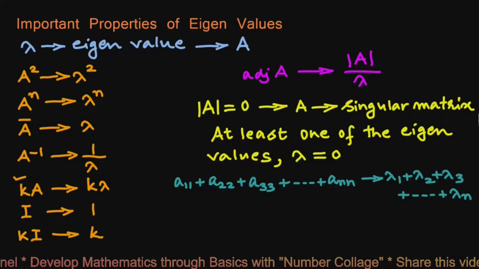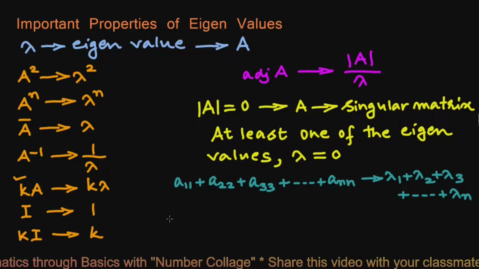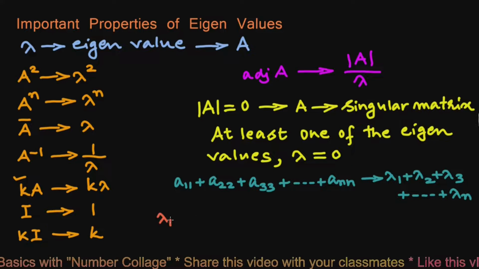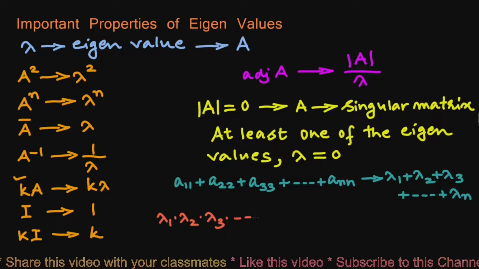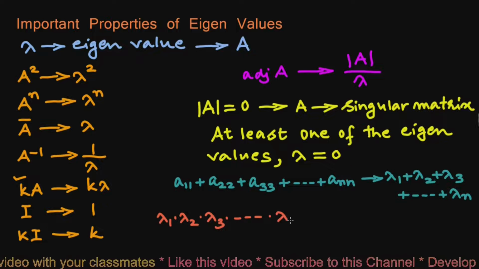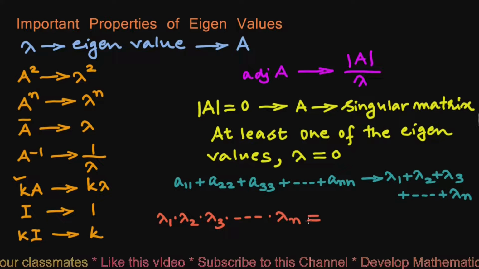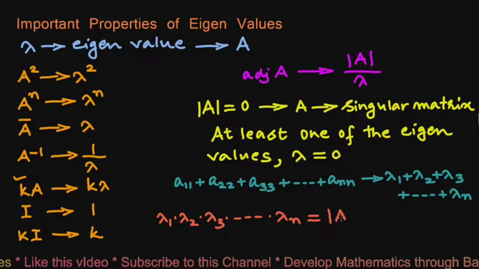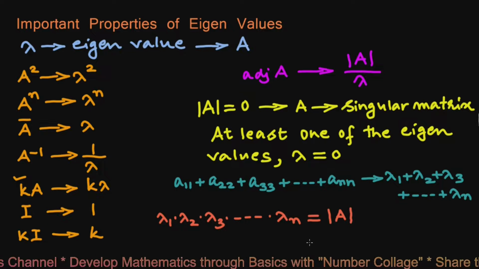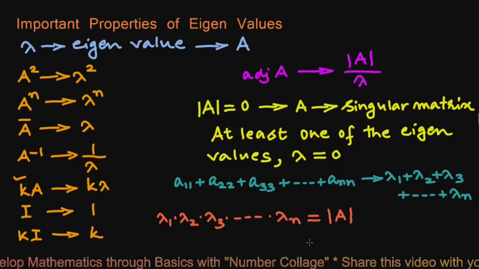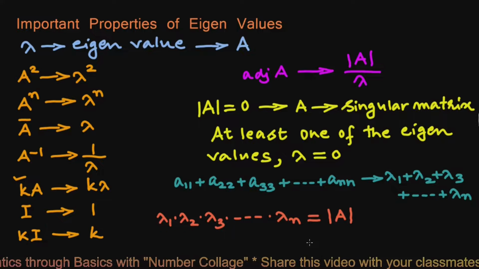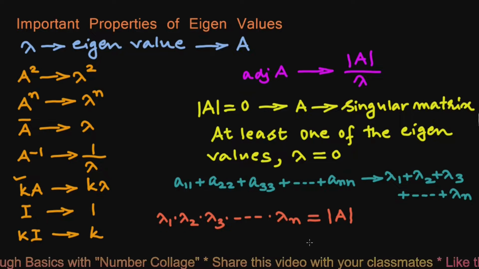And finally we have product of n eigenvalues lambda 1 into lambda 2 into lambda 3 into so forth into lambda n is equal to determinant of matrix A. By remembering these important properties of eigenvalues, we can solve different problems based on the eigenvalues.